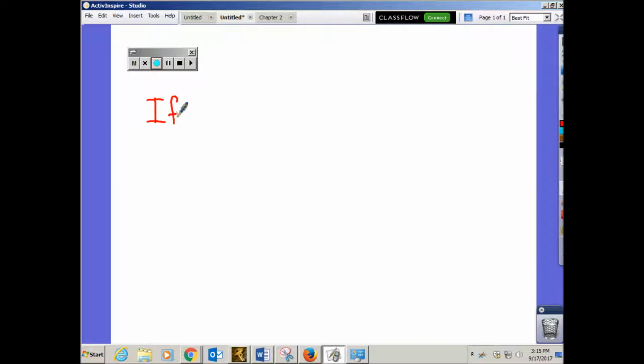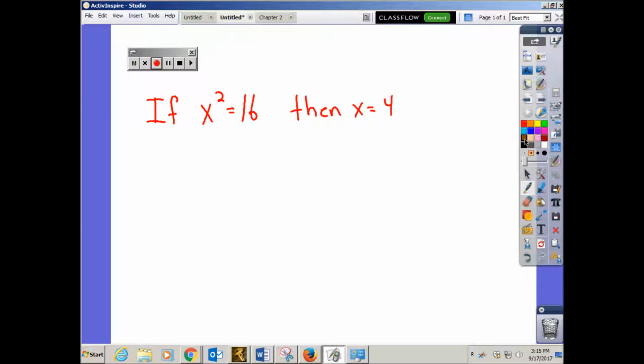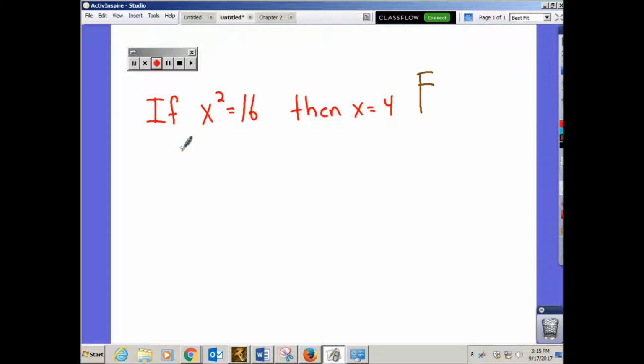If x squared equals 16, then x equals 4. Is this statement always true? It is actually not always true. It is false, because x could equal negative 4.